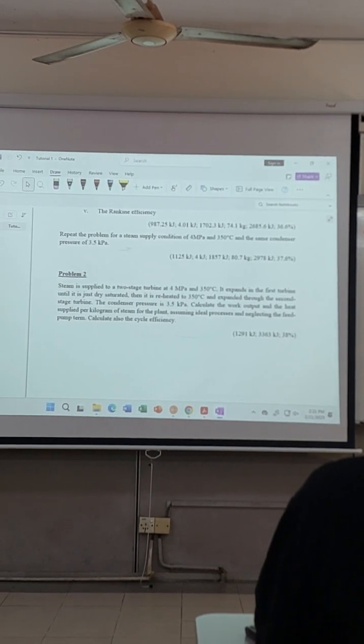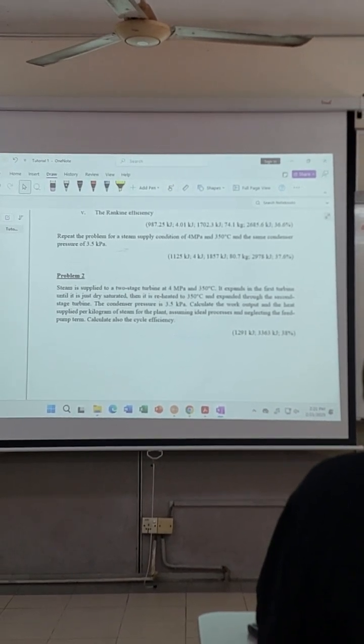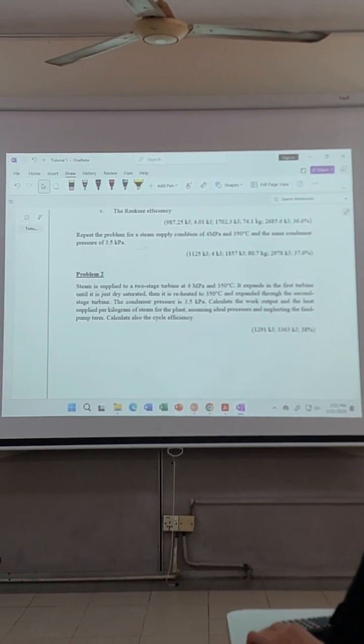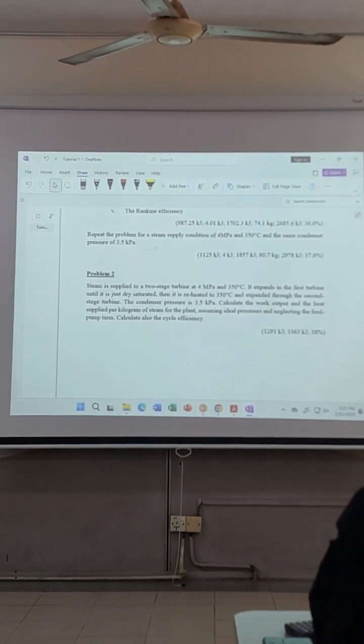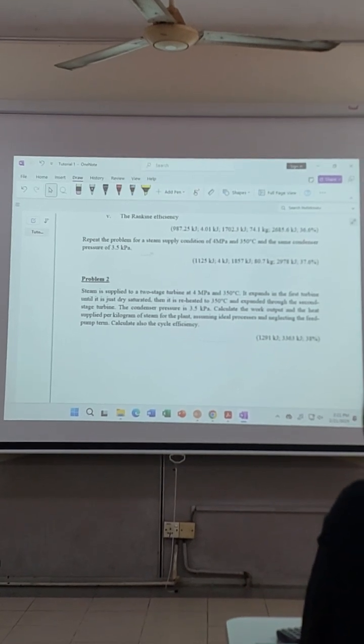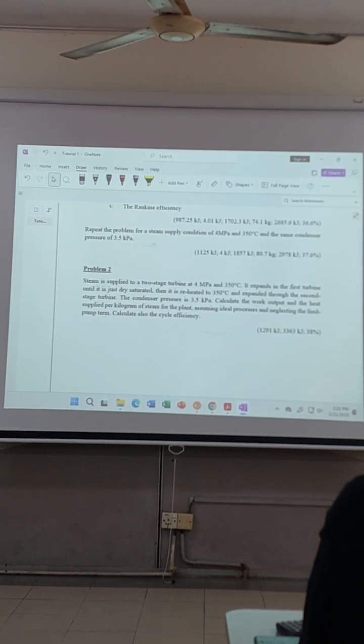Steam is supplied to... oh, by the way, don't forget, I'm just done. So problem 2: steam is supplied to a two-stage turbine at 4 megapascal, 350 Celsius.